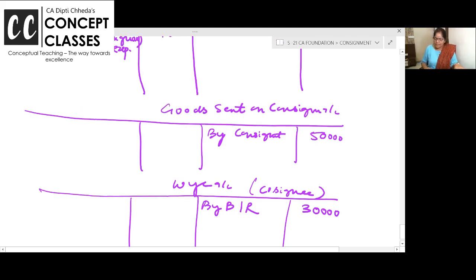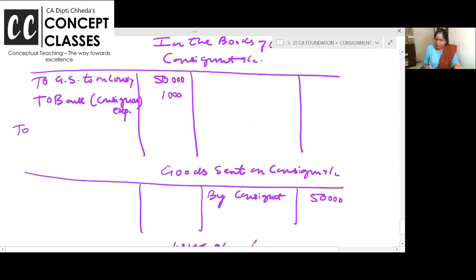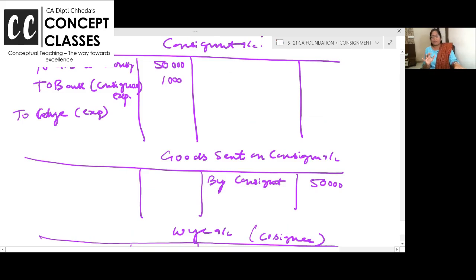Y has incurred expense. So now here, consignment account debit to Y, expense. Is the expenditure related to consignment? Yes, whether I incur or you incur. But if Y is incurring, I have to reimburse. Give a lot of importance to the extra analysis I am doing.